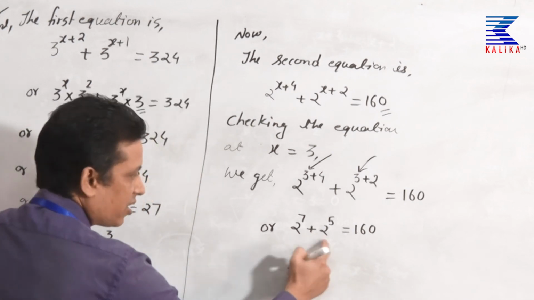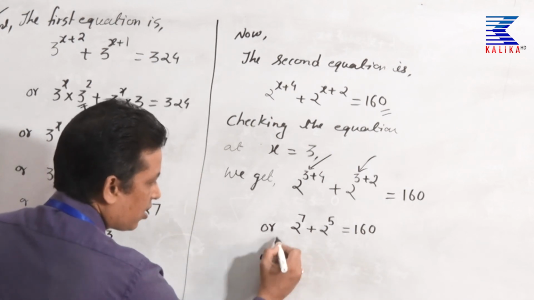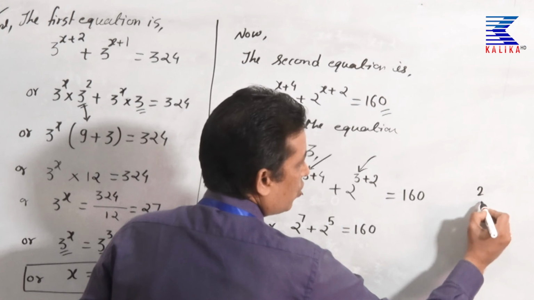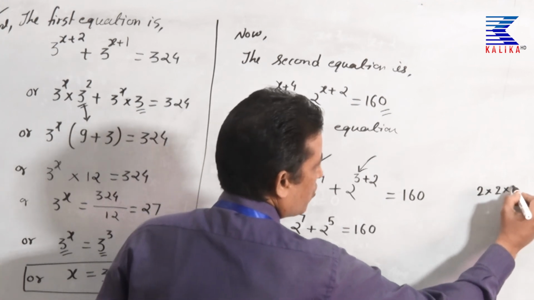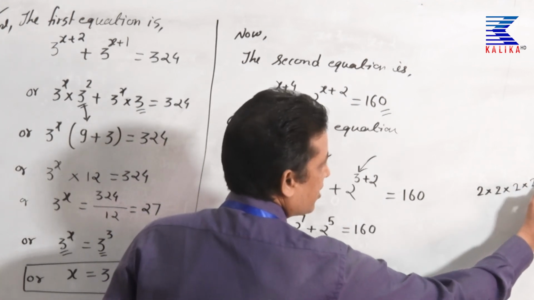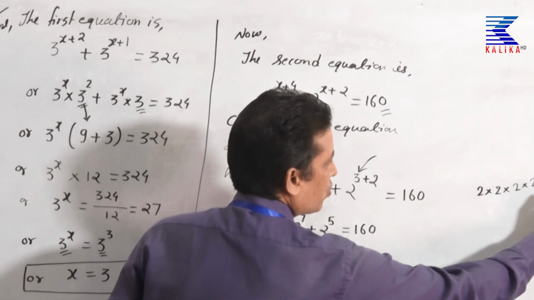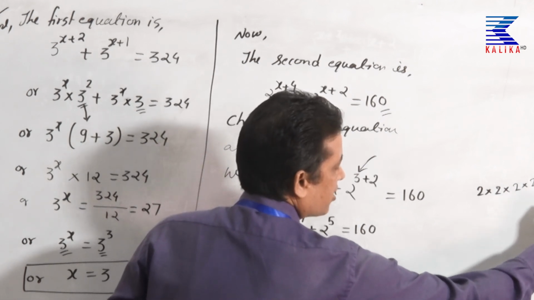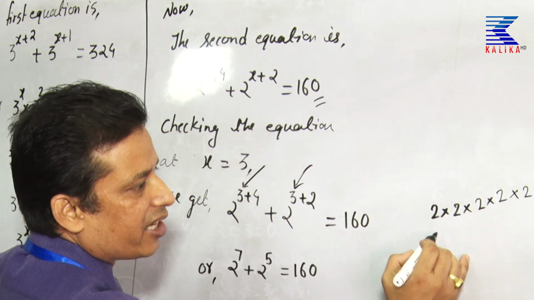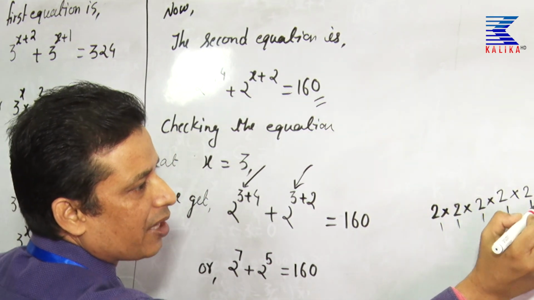Let us see whether this result comes to 160 or not. 2 twos are 4, 2 fours are 8, 16, 32, 64, 128, so 1, 2, 3, 4, 5, 6, 7.